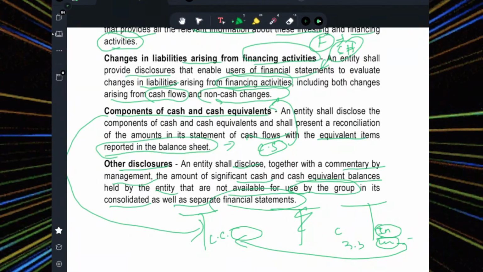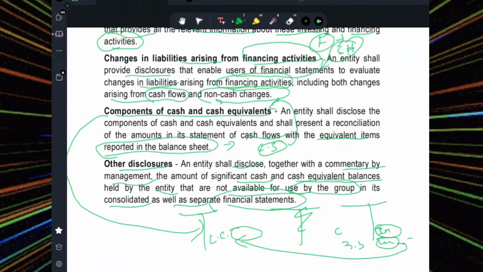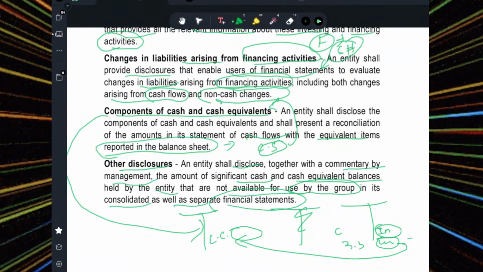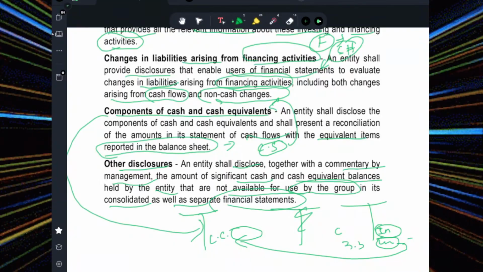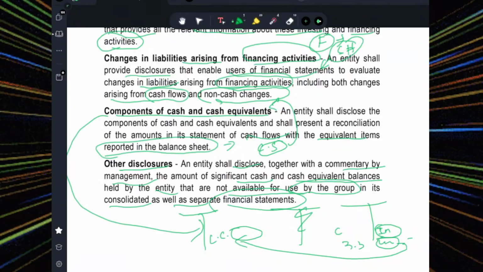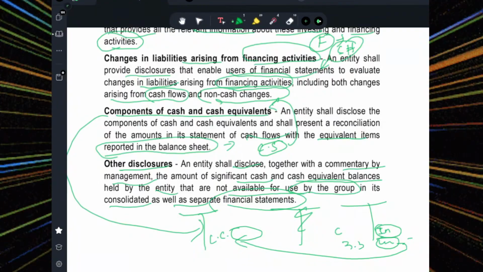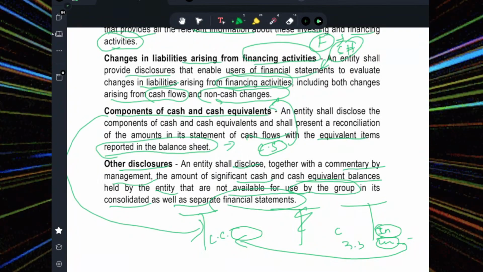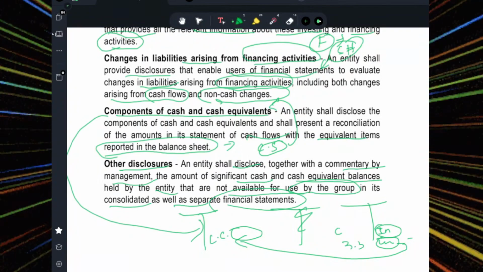So what do they need to disclose? Cash and cash equivalent of the entity in your consolidated financial statement. Based upon their holding, they will say this much cash they have, and they should say that it is consolidated cash. We can't use the cash because it's group cash. Okay, you should identify that.